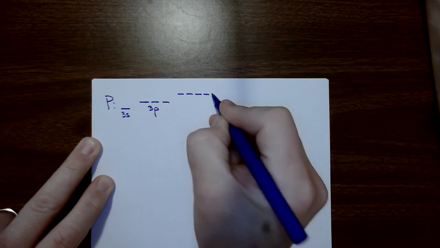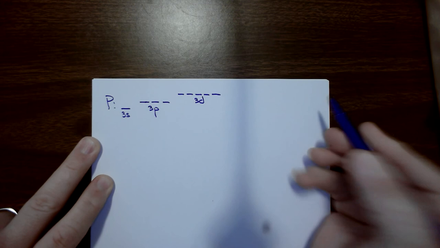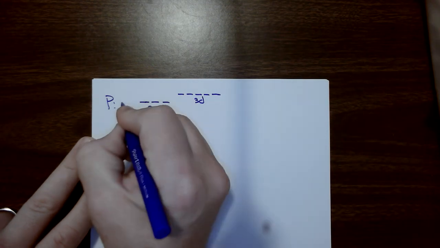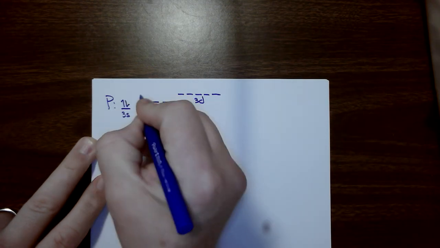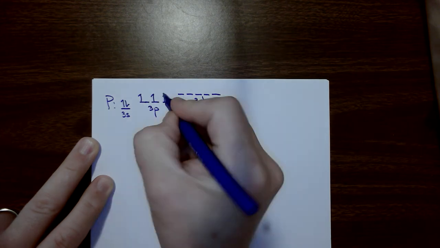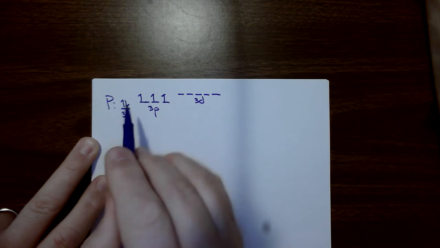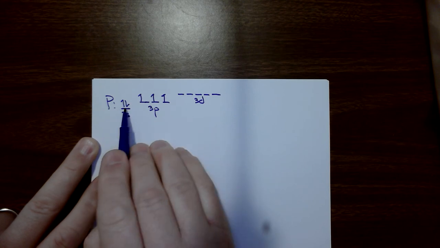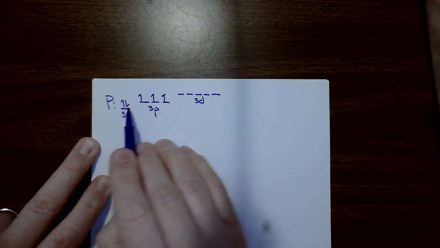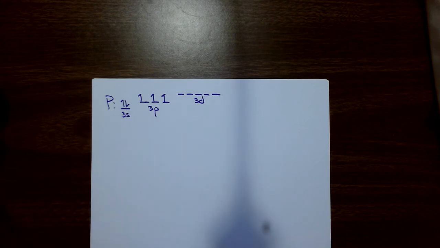They're not being used, but they are available. Now, phosphorus has 5 valence electrons. There are cases where phosphorus will make 3 bonds and have a lone pair, but at times it will want to have 5 bonds, and so we need to hybridize orbitals to make them all of the same energy.